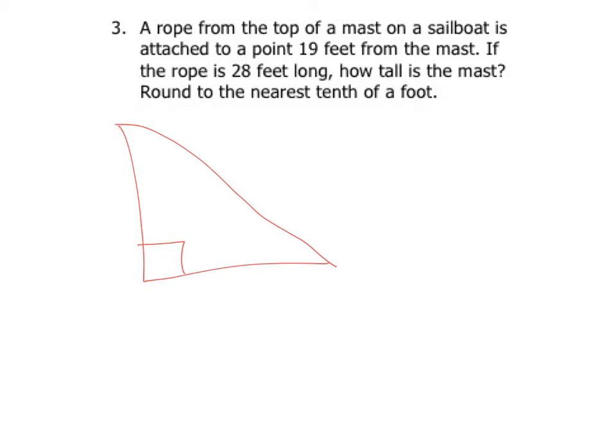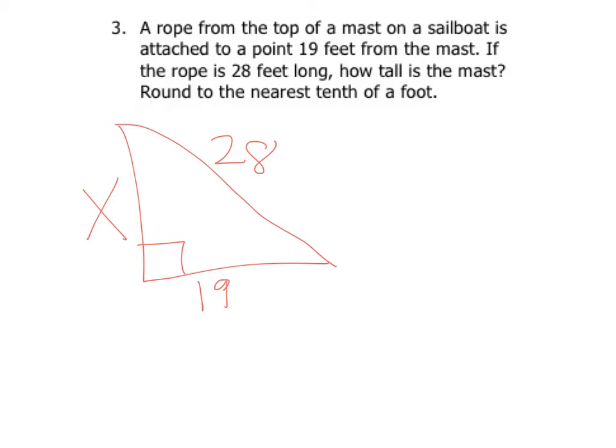I know that I'm looking for how tall is the mast. That's my vertical side. I know that the rope is 28 feet long. The rope, the ladder, those are typically our diagonal sides, our hypotenuse. So 28 feet is our hypotenuse. And 19 feet is going to be on the base.